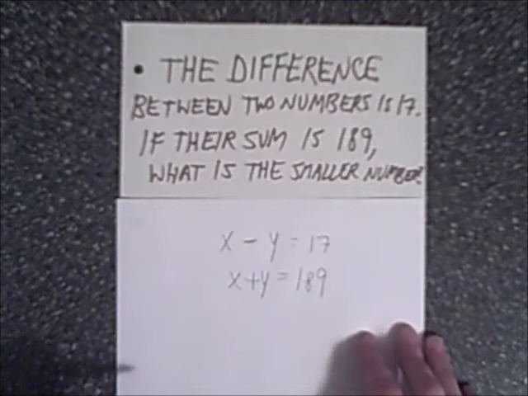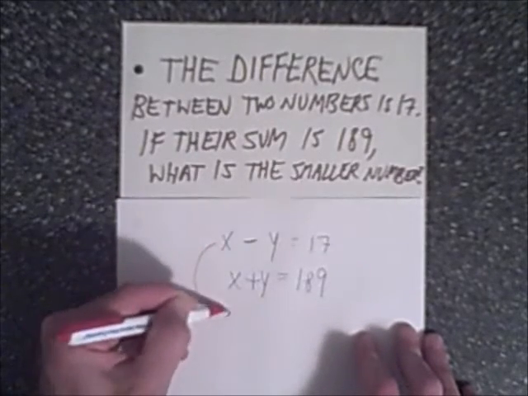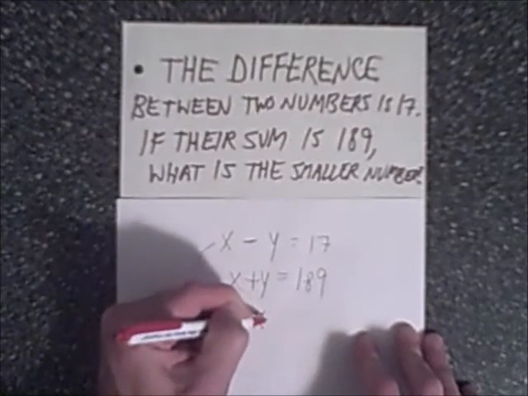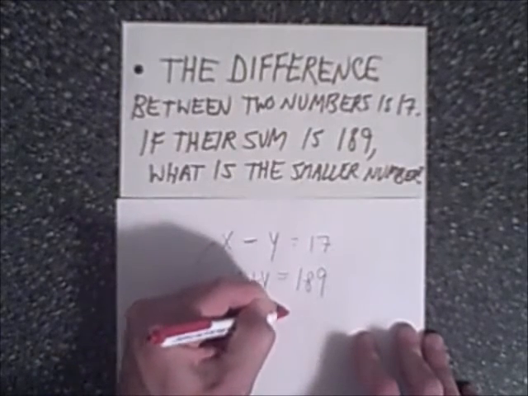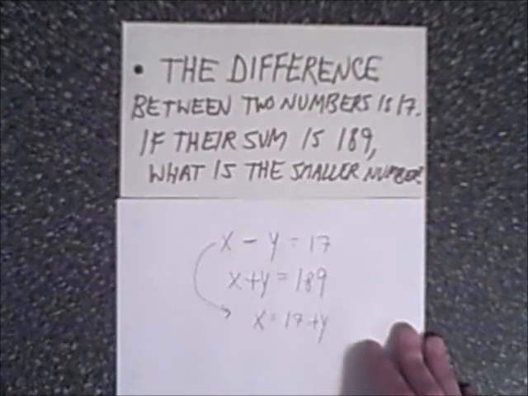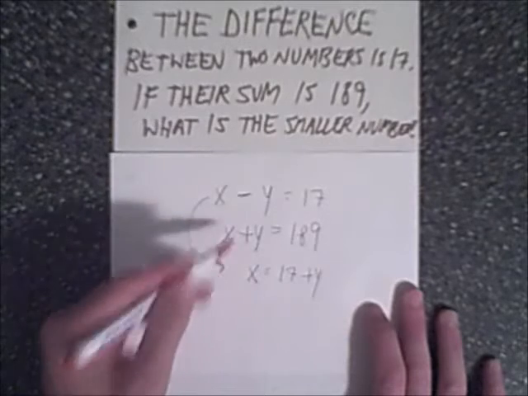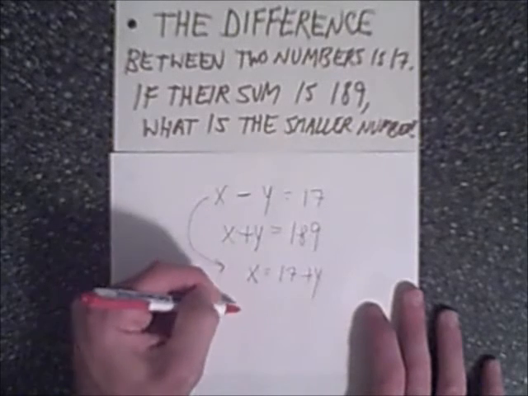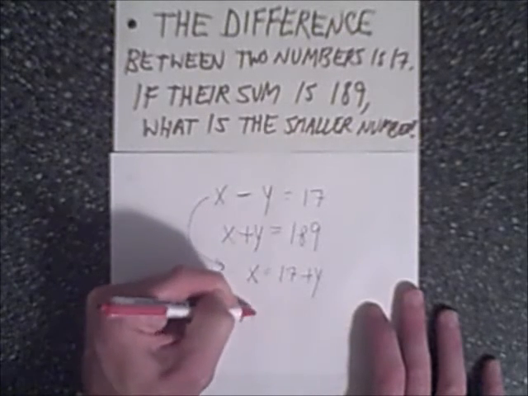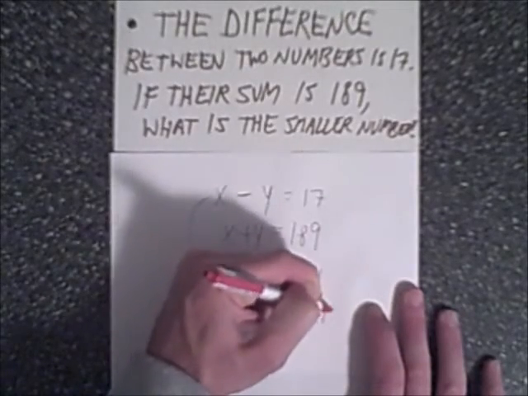So we'll use substitution. We'll take this equation and change it to x equals 17 plus y. We added y to both sides. And then now we simply take this equation, substitute it into the other equation, and we have 17 plus y plus y equals 189.